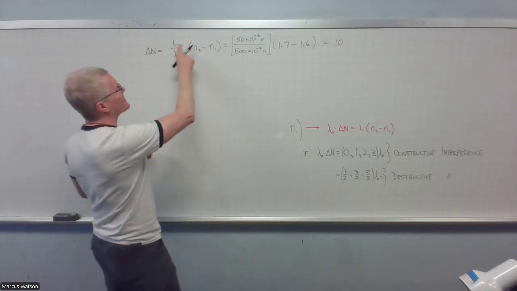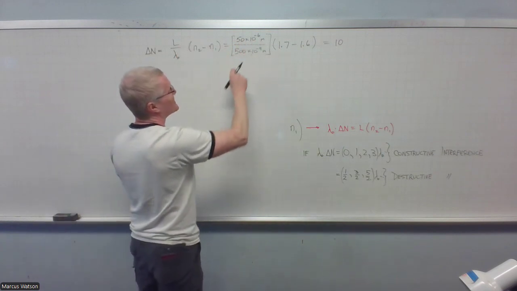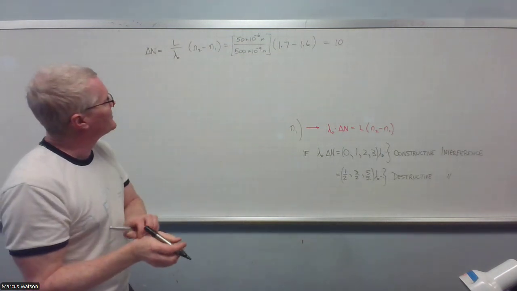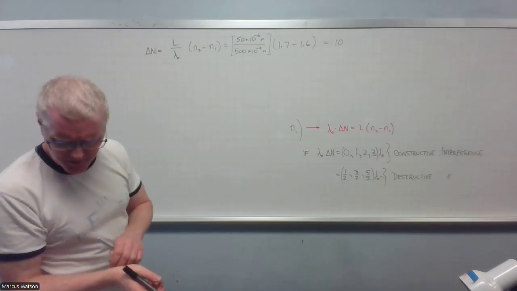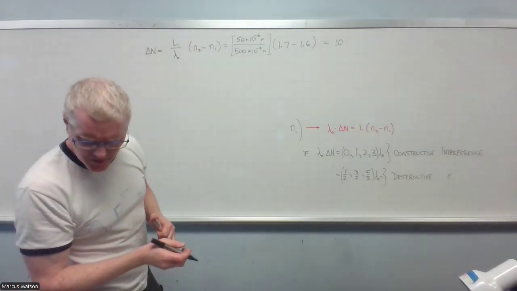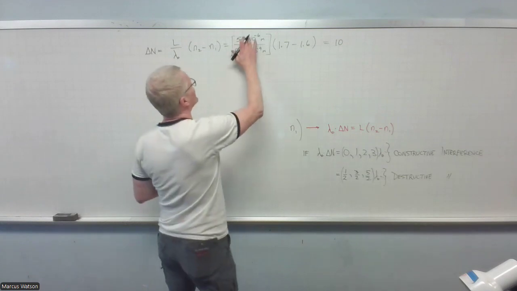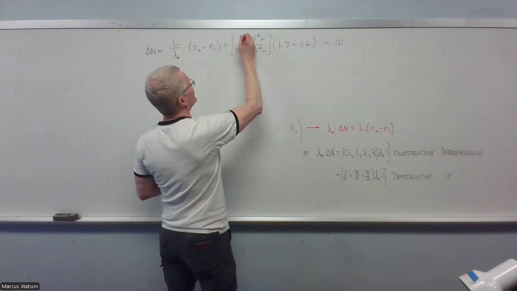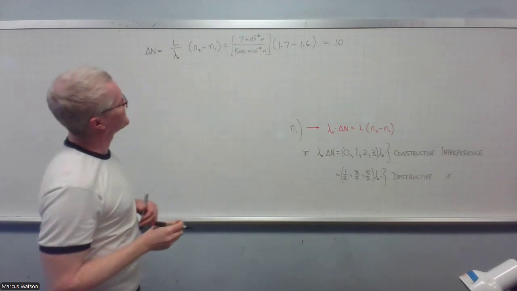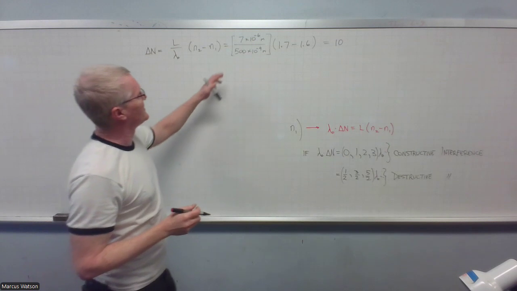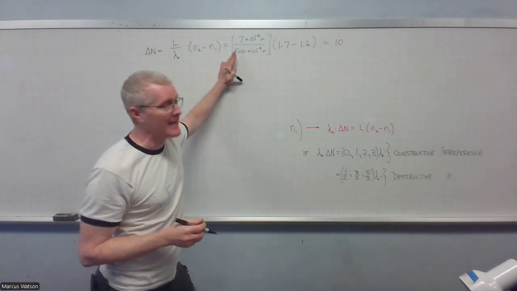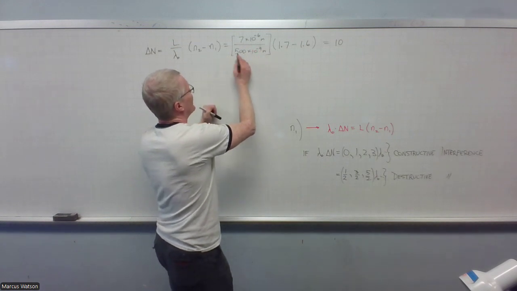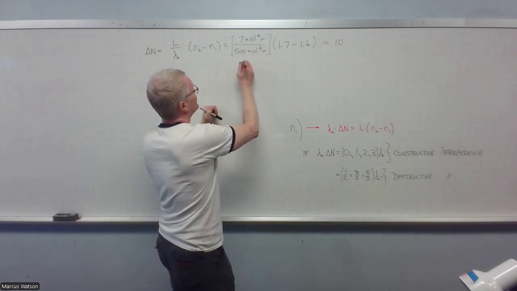Suppose now that instead of having a 50 times 10 to the minus 6, it was something else that would have thrown the numbers off a little bit. All right, so let's suppose, I came up with something a little bit different for this one. Let's suppose now that it was something like 7 times 10 to the minus 6. So now this is not going to be 10. This is going to be 7 times 10 to the minus 6 and 5 times 10 to the minus 7.